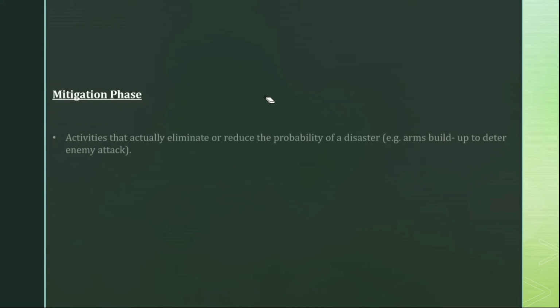They knew that their area has more flooding, or flood is coming very often, so they can build their houses accordingly. Okay, they have a plan. Now the mitigation phase is completed. Next phase is the preparedness phase.